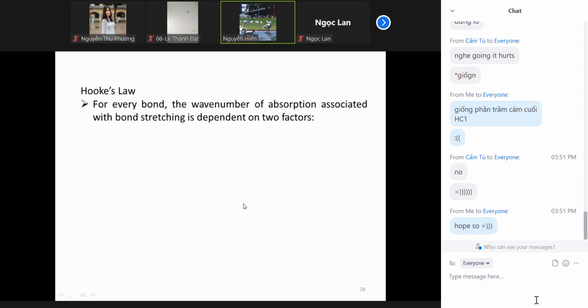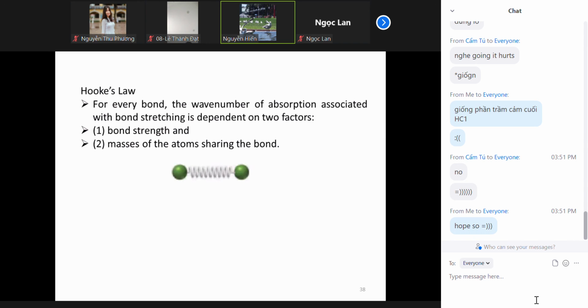When you imagine your bond is like a spring, you can understand that the wave number of absorption depends on two factors, and the masses of the atoms making the bond. So these are two balls connected by a spring.